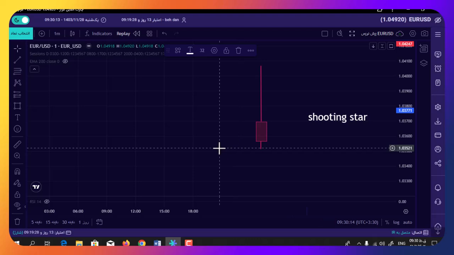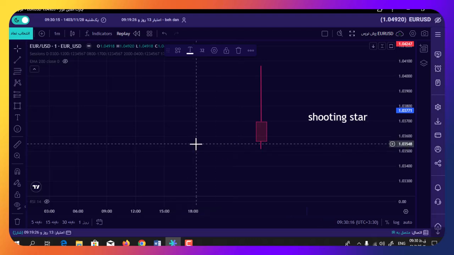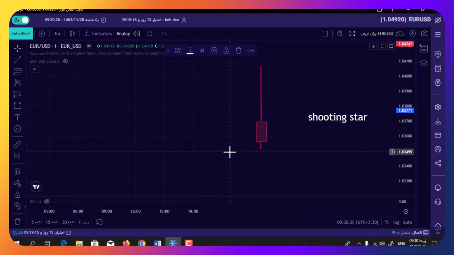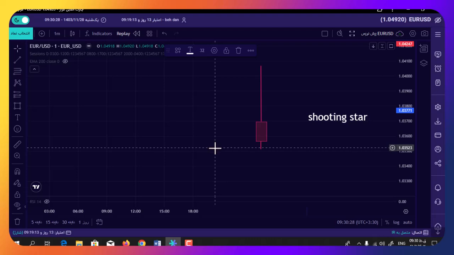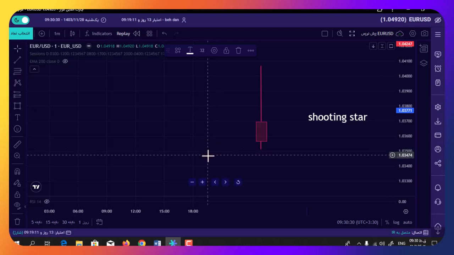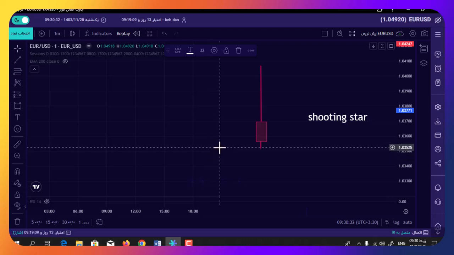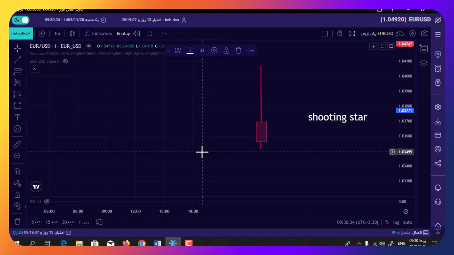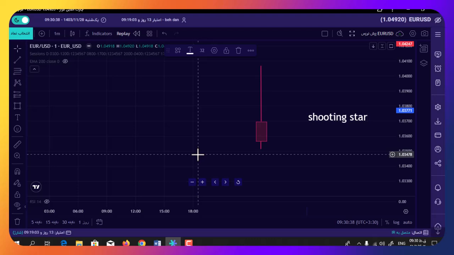This pattern appears at static and dynamic resistance zones and signals a potential price decline. However, just like before, this is not 100% certain, as the market is based on probabilities.